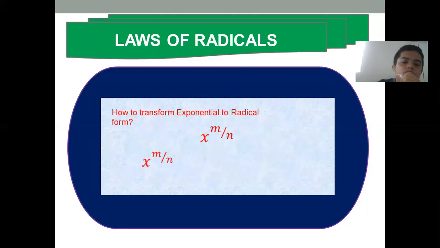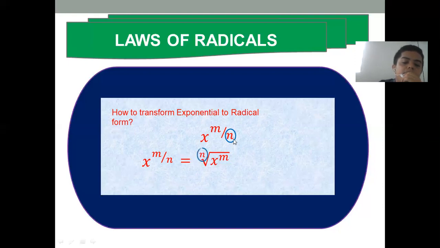Your exponential form into radical will be the nth root of x raised to m. Whatever the quantity in the denominator of the exponent is the basis of the root.